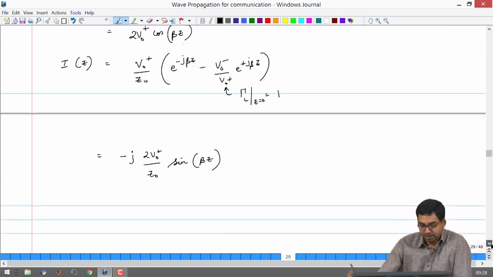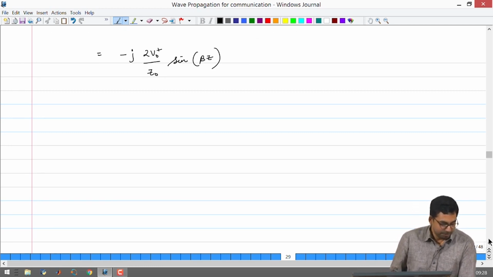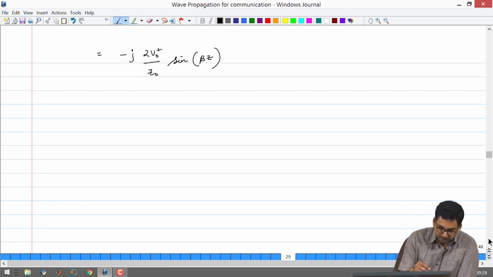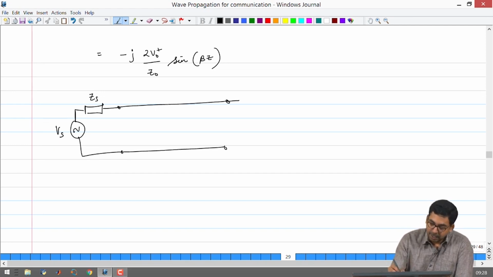Okay. So, in order to make this problem a little bit clearer, we will draw the entire system with the source. I will have Vs, a series impedance Zs, a transmission line, and a load impedance ZL.